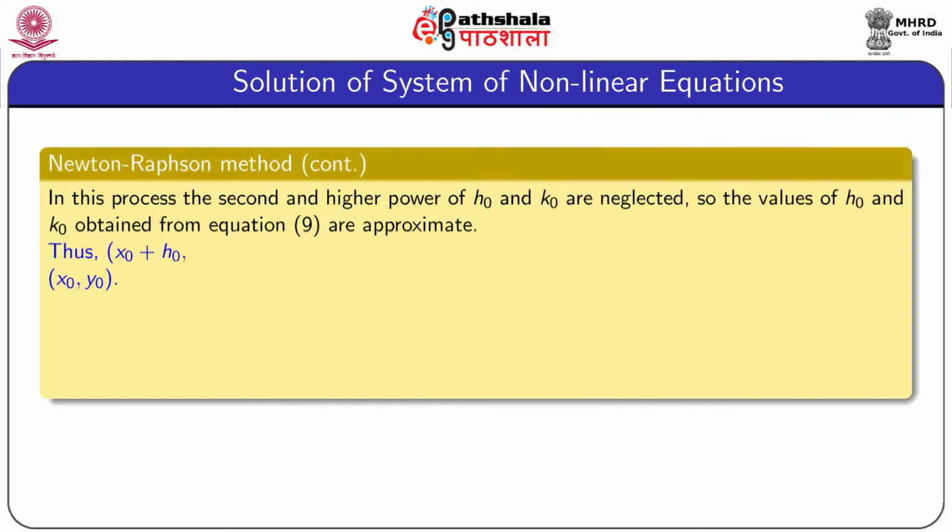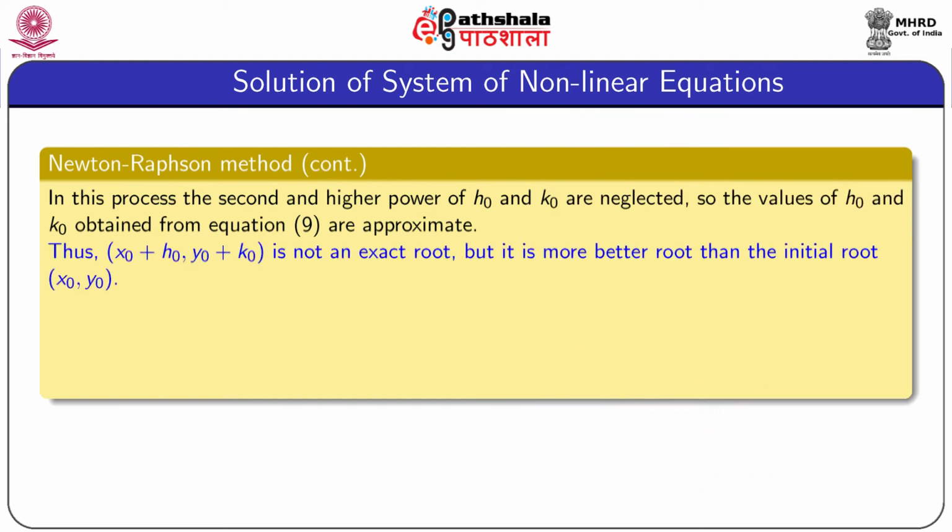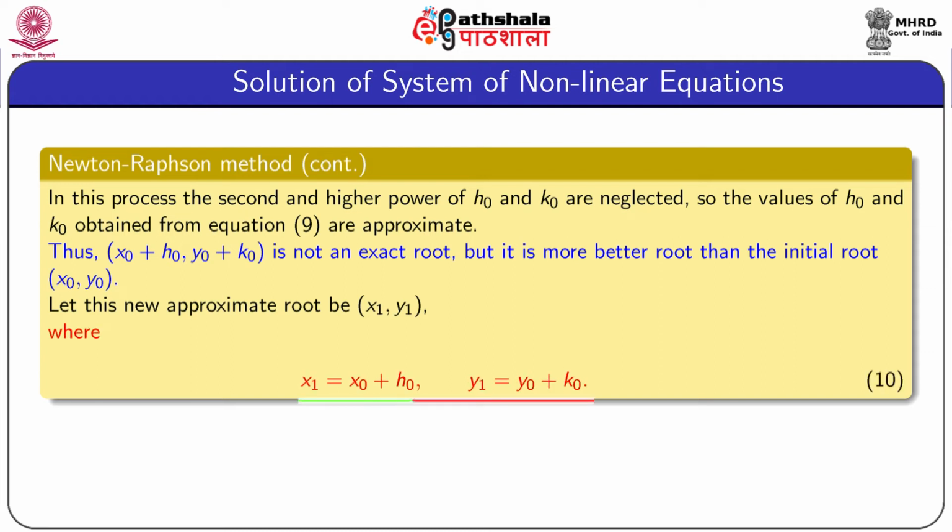Therefore, the first approximate value of x is x1 = x0 + h0, and the value of y is y1 = y0 + k0. Since these values are obtained by neglecting the higher powers of h0 and k0, they are approximate values, and we denote the first approximation by (x1, y1).